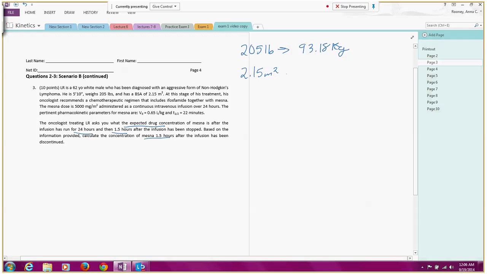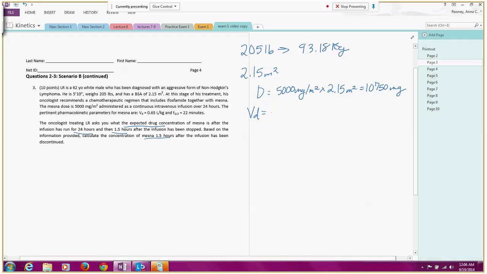We take 5,000 milligrams per meter squared and multiply it by that 2.15 meters squared. And we find that our drug dosage for this particular patient is 10,750 milligrams.